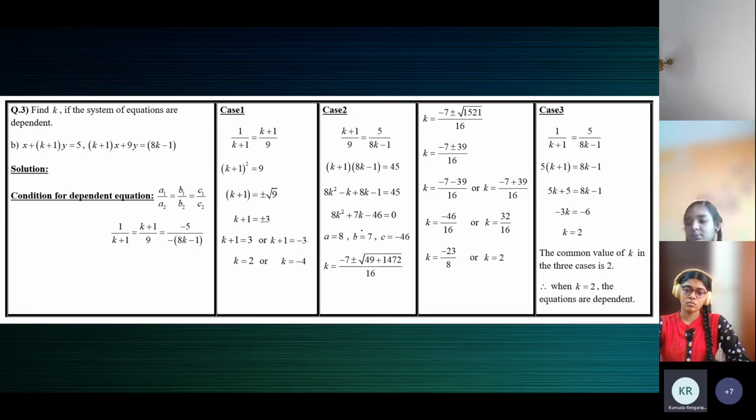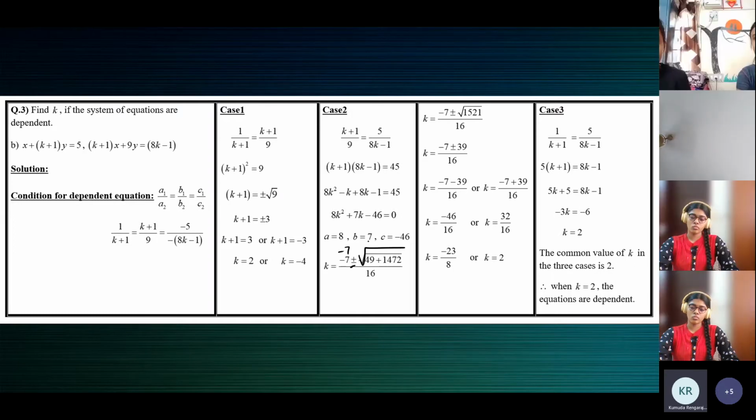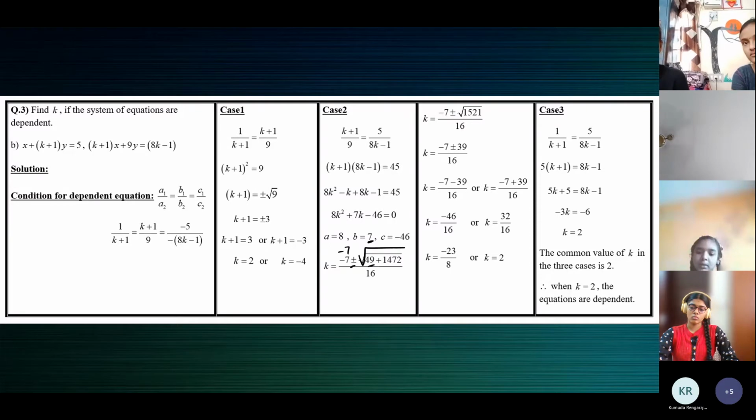Next, k is equal to minus b, meaning minus 7, plus or minus root of b square, meaning 7 square, 49, minus 4ac.